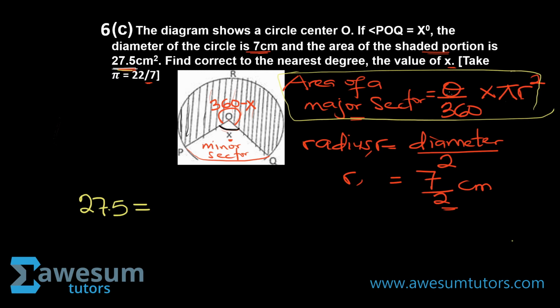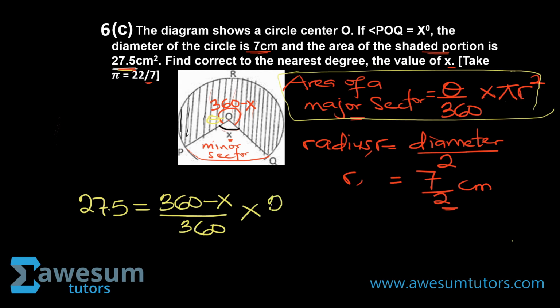Like we said, theta is the angle, which is 360 minus x. We said this is the angle for that major sector. Very good, guys. Divided by 360, because the formula is theta over 360, times pi r squared.